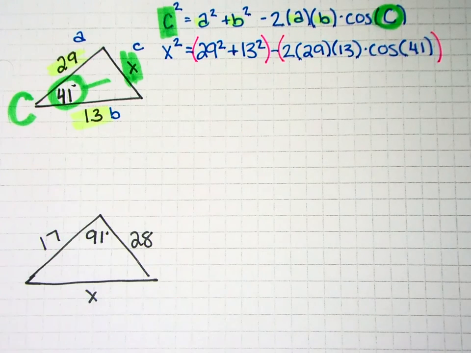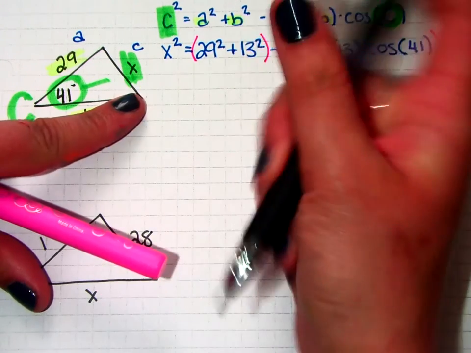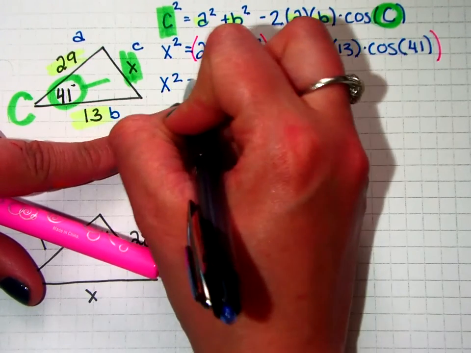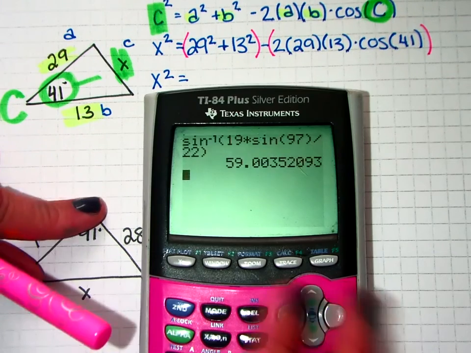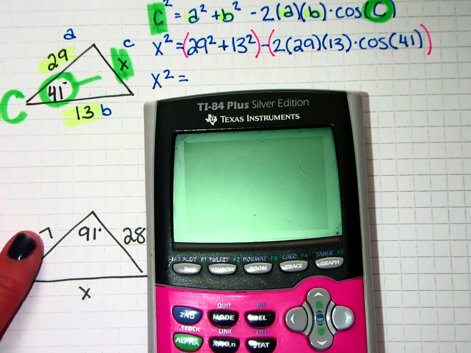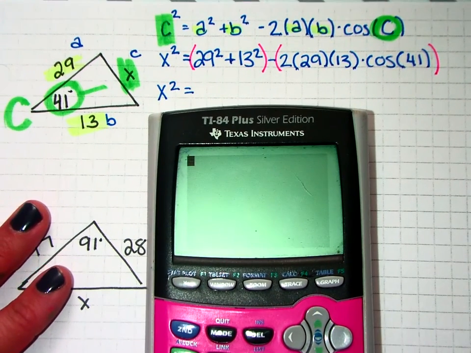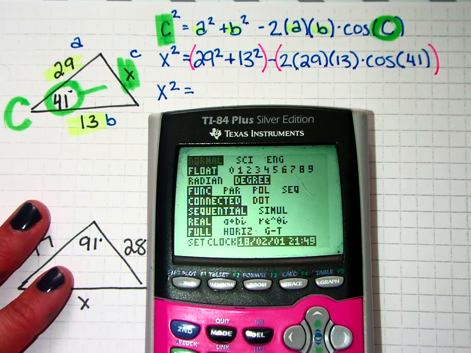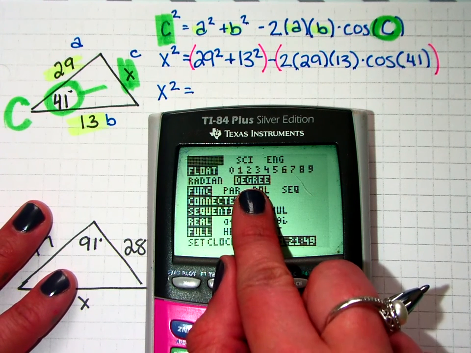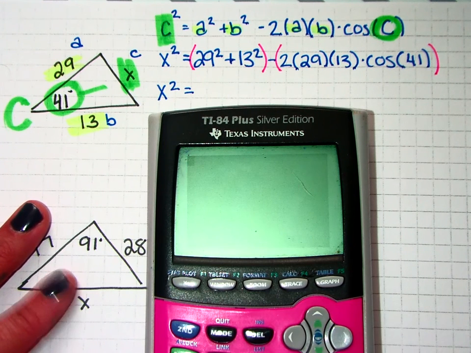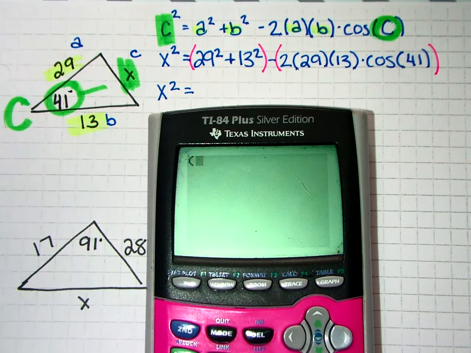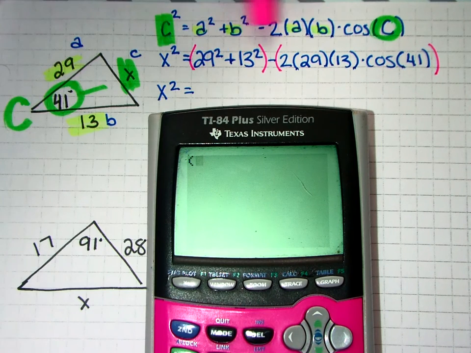So let's practice typing this in. So remember, it is x squared equals. I am using a trig function of cosine, so that lets me know I need to make sure my calculator is in the right mode. I press the mode button and notice that degree is highlighted, so I can just press clear and move on. When I type it in, I want to make sure to type it in exactly how I see it.